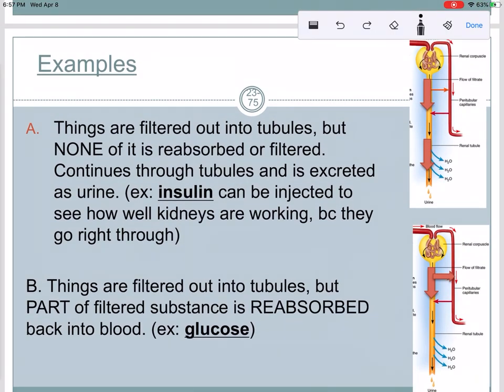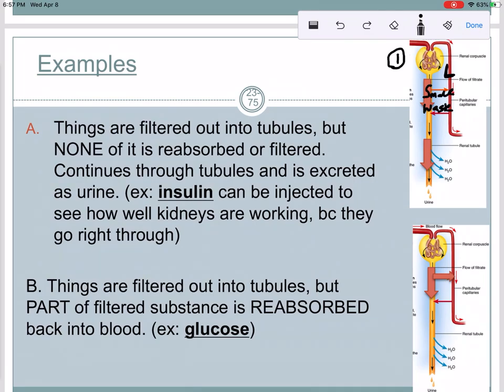So if you remember, we did glomerular filtration based on size. So that just meant that small particles went into the tubules and large particles stayed in the bloodstream. Well, sometimes a small particle is a waste product.